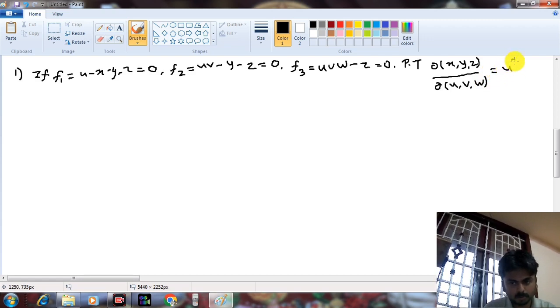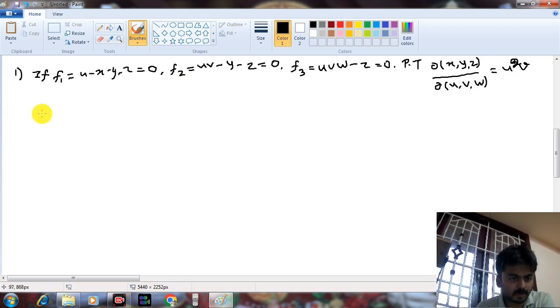u cube v. Okay, we have u square v. So how to prove this? Now we know the formula.